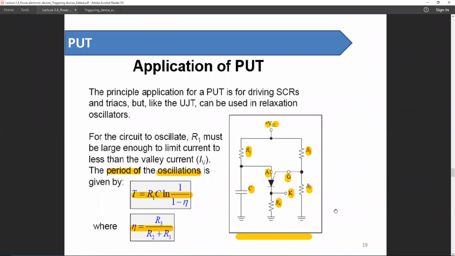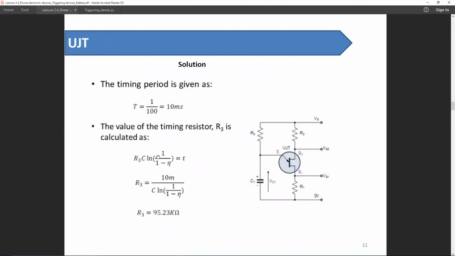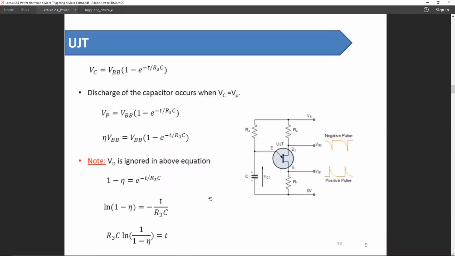So this is a practical circuit diagram of a PUT. Different values of resistances are connected to this circuit, and this formula is basically the same we have derived earlier in case of an UJT. This formula is this.